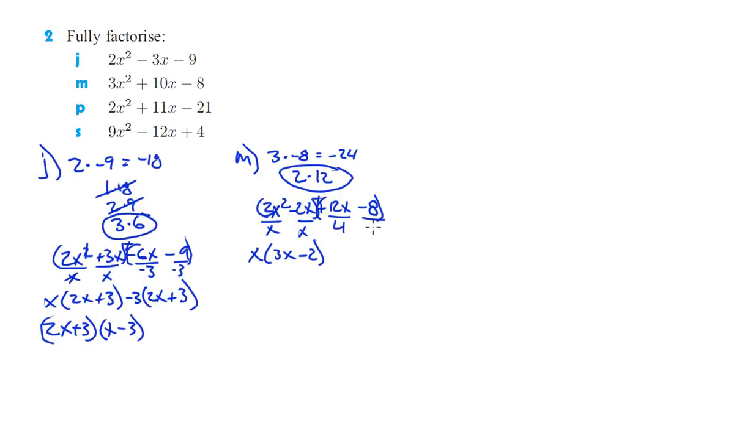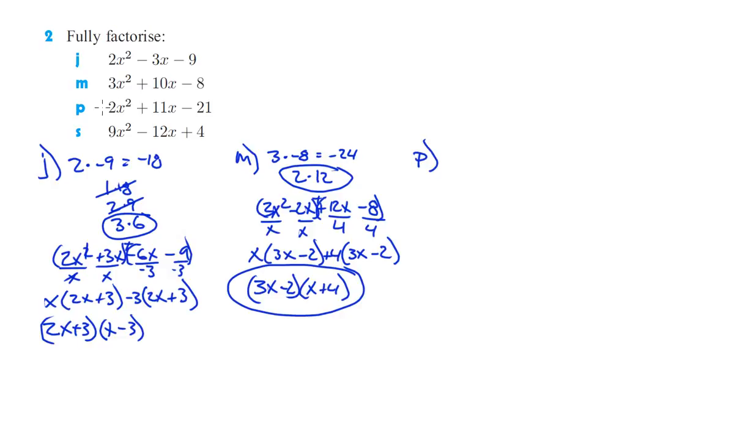They both have common factors of 4, so plus 4. And then we have 12 divided by 4 is 3, and we got the x, negative 8 over 4 is negative 2. These two match, so we're left with 3x minus 2 times x plus 4. That's our leftover. Okay.